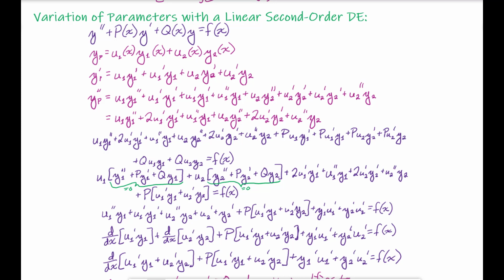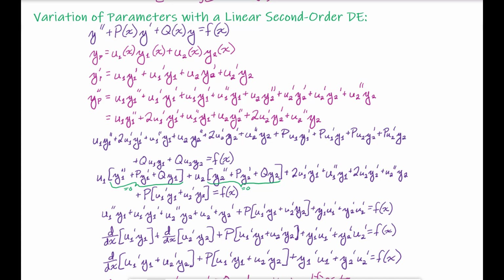And then I also have u2 times y2 double prime plus p y2 prime plus q y2. Well, we assumed y2 was also a solution to that homogeneous differential equation, so that also equals 0.